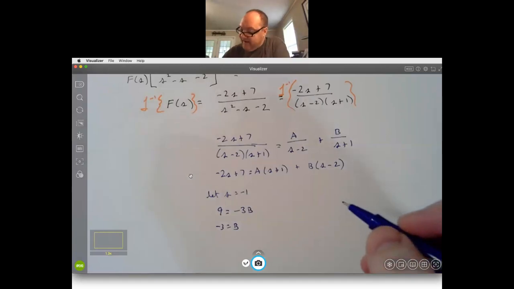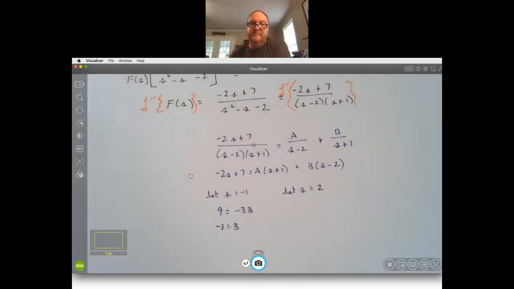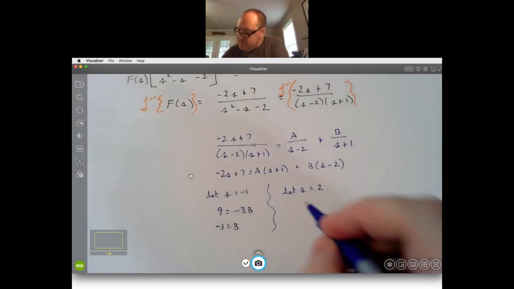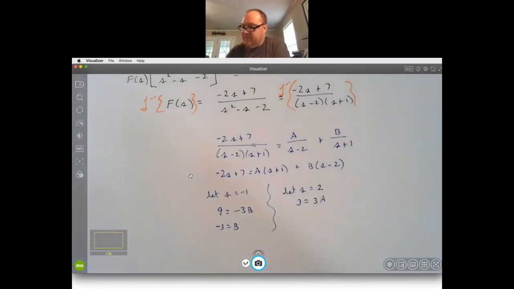And likewise, if I let S be +2, that's going to be -4 plus 7 is +3, equal to 3A. I believe A is going to be 1.